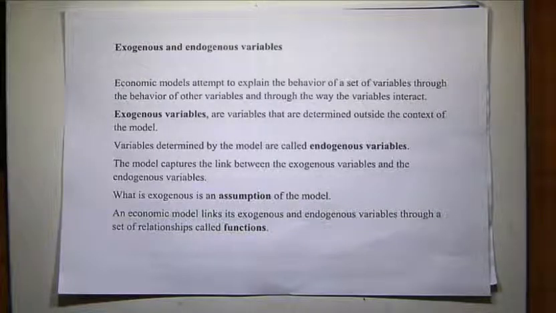Just because we are economists, we are usually interested in determining the level of GDP or how GDP is growing over time. So we usually assume that GDP is an endogenous variable. But it doesn't mean that only because it was endogenous last week, it is always like this. So it's always an assumption.